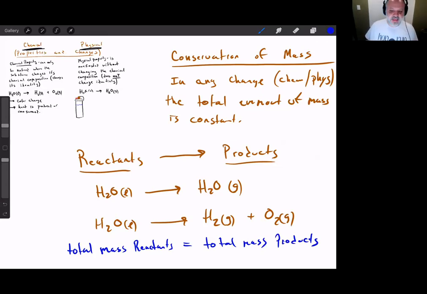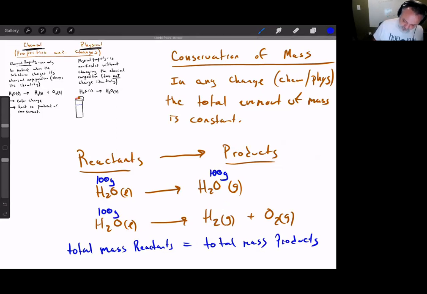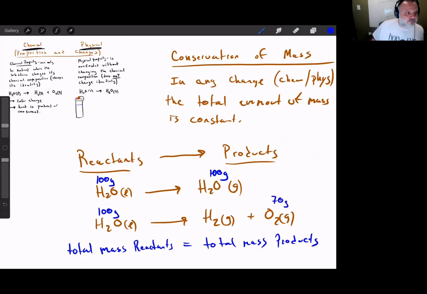So at the end of the day, if I put in 100 grams of water, then I'll get 100 grams of products. If I put in 100 grams of water and I get 70 grams of O2, how many grams of hydrogen are there?